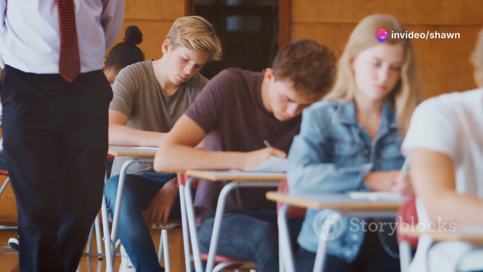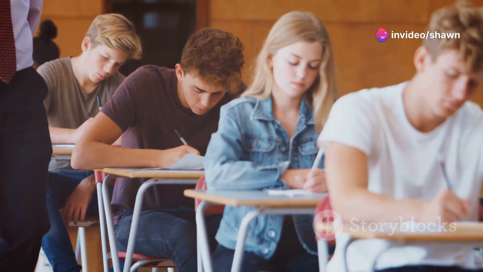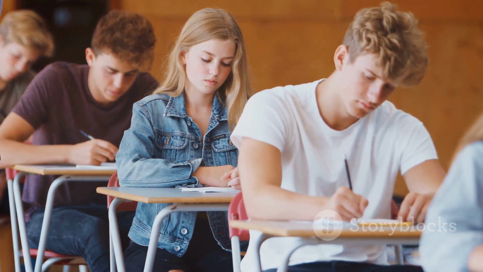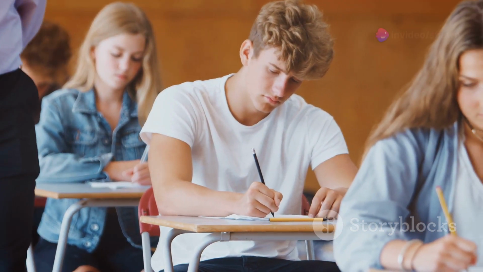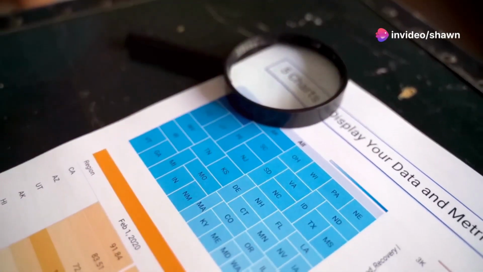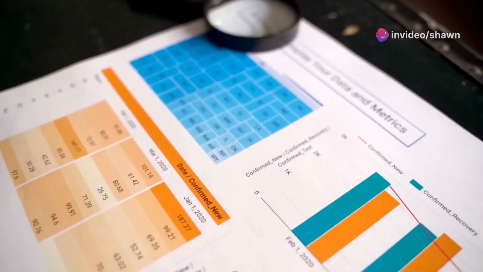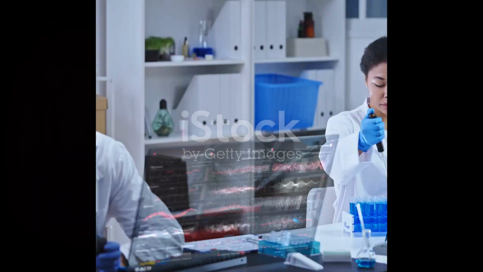By analyzing these components, ANOVA helps us understand if the observed differences in average scores between the 3 classes are large enough to be statistically significant, or if they can be attributed to random variation within each class. This ability to differentiate between systematic differences and random noise makes ANOVA a powerful tool for drawing meaningful conclusions from data.